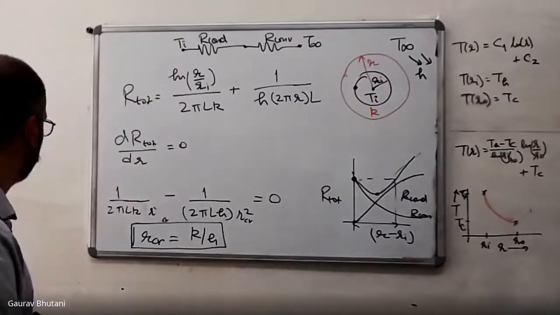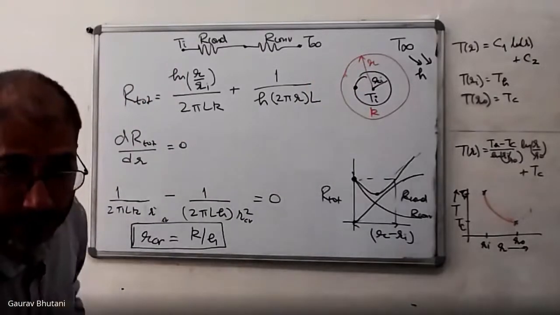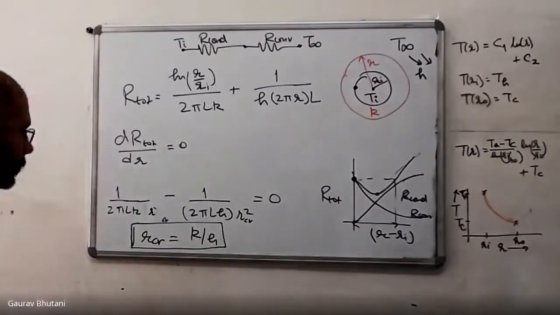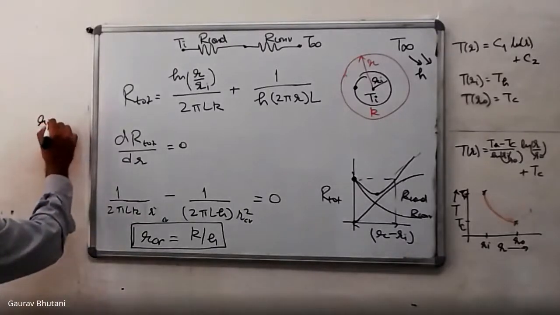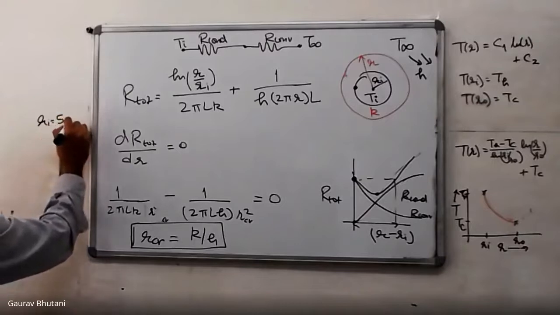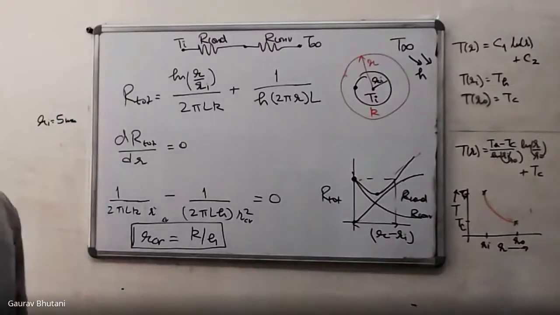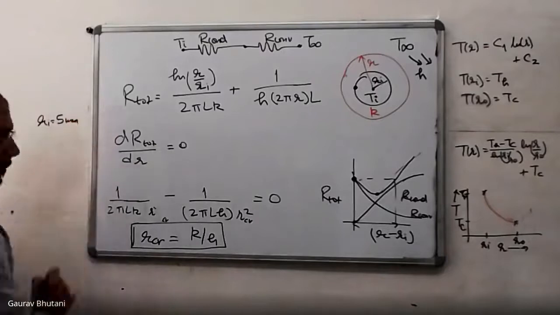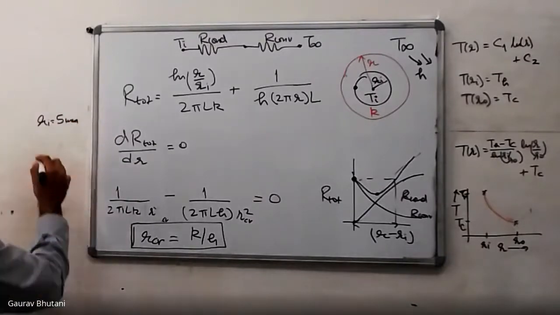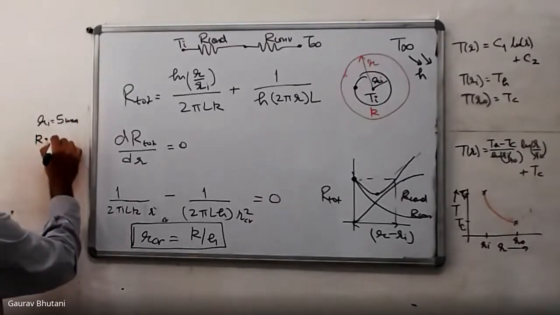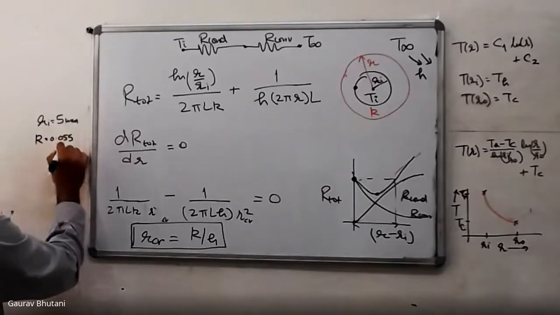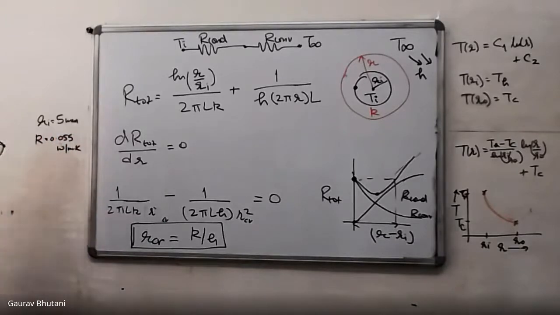So let's take the situation where Ri is 5 mil. The K value is 0.055 watts per meter Kelvin.